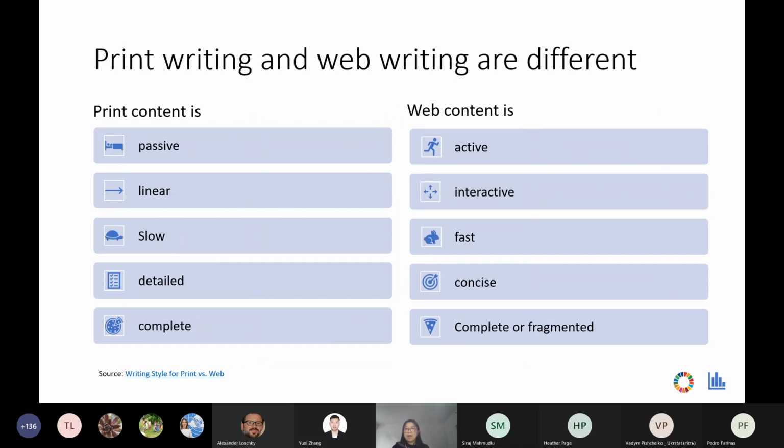And quickly, I want to highlight that print writing is very different from web writing. So don't just cut, copy, and paste your reports, your PDF reports, onto the website, because they're different. And people are expecting different things. Web content is very fast. It needs to be concise. It can be complete or fragmented.